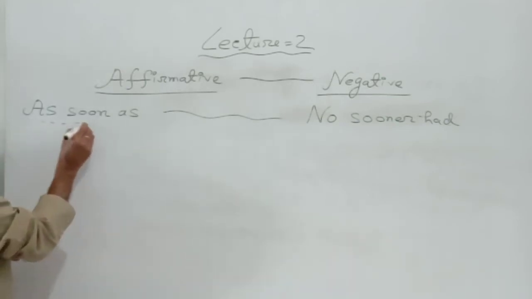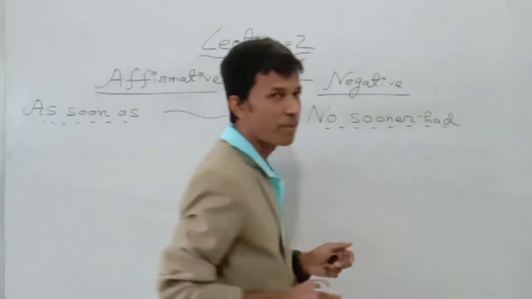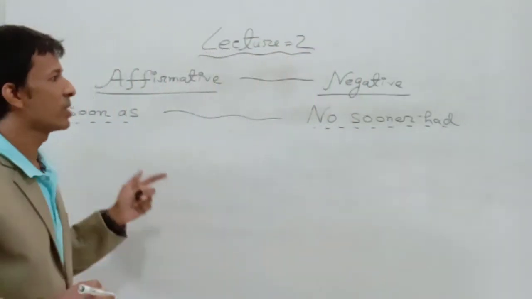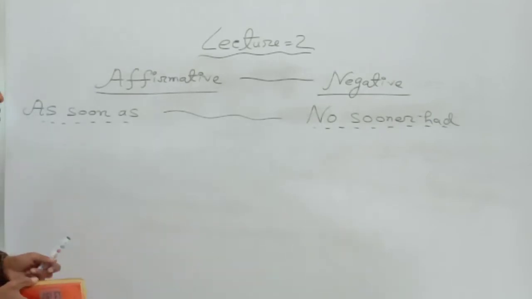As soon as and the use of no sooner had can also be used in cases of right form of verbs. This is also an important part of the discussion of right form of verbs. But when I discuss that part, you will come to know in what way these two parts are interrelated with each other.